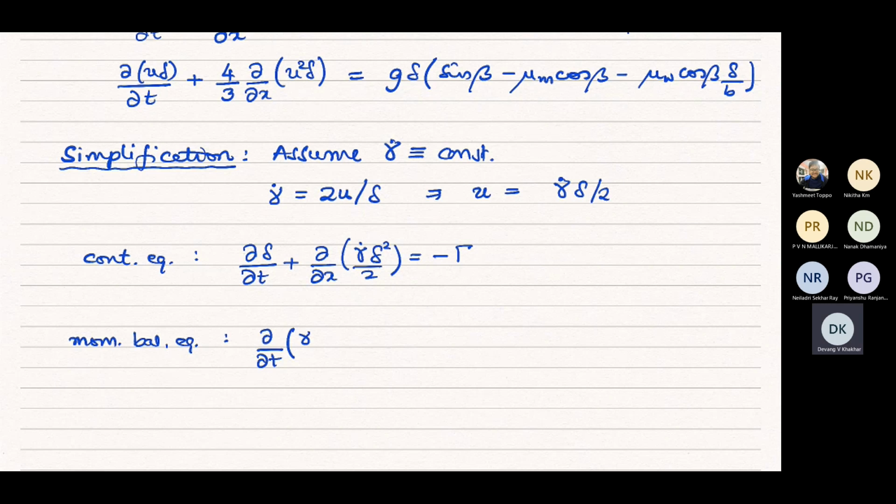So then again we get gamma dot delta squared by 2 plus 4 by 3 del by del x of, now here I'll have to put in gamma dot squared delta squared by 4. So you get gamma dot squared delta cube by 4 over here.